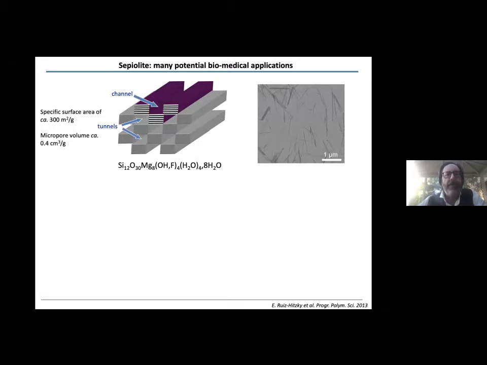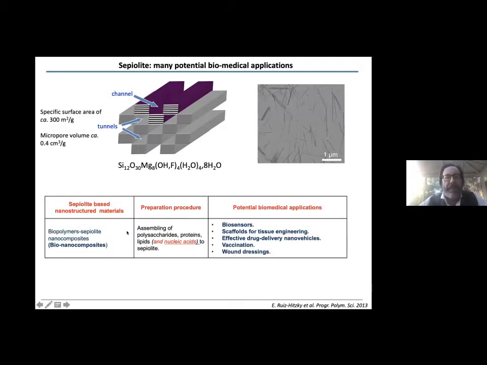Because of the structure of sepiolite with channels and tunnels, there's a wide surface of interaction with different molecules, and it has been shown that it's able to interact with a lot of biological molecules such as sugar, polysaccharide, protein, lipids, and I will be interested in nucleic acids. And with a lot of potential biomedical applications.